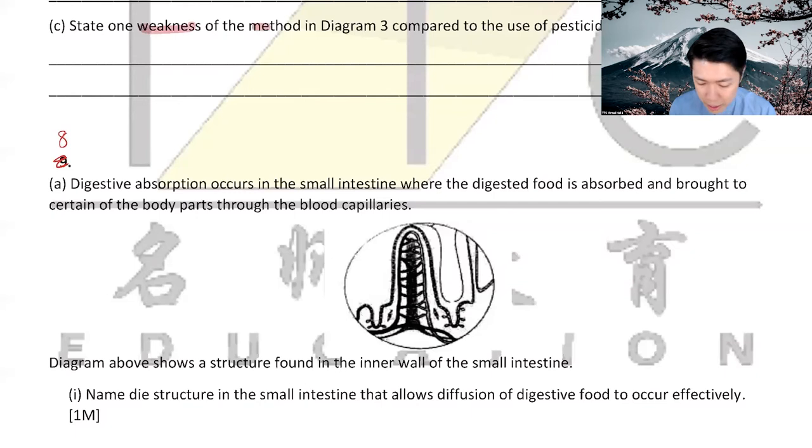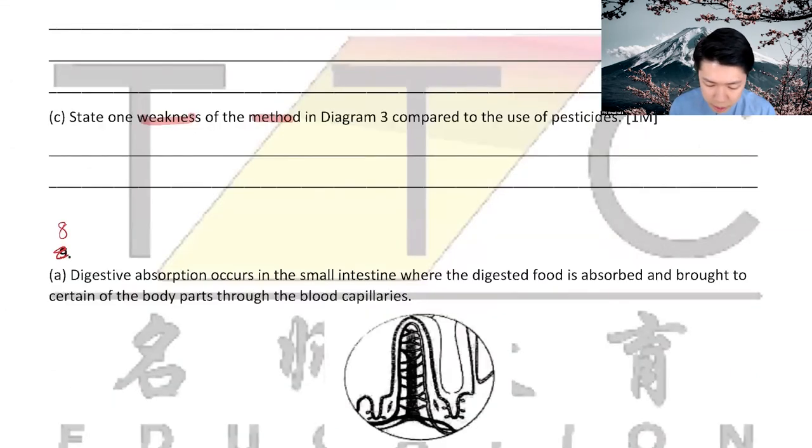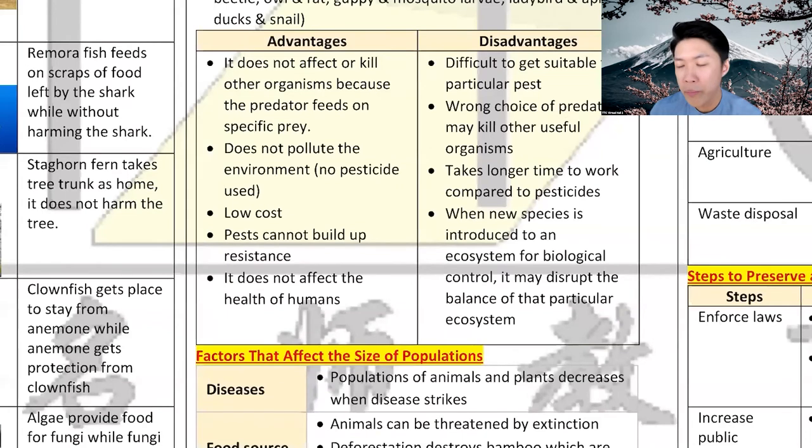Weakness of the method in diagram 3 means biological control, like disadvantage. There's one very important problem that every farmer doesn't like, so they don't choose this method anymore. That's one very important problem, and that's something that we cannot overcome yet.